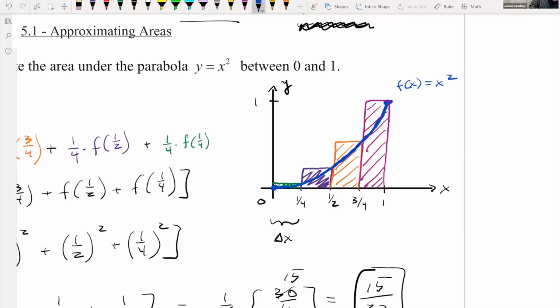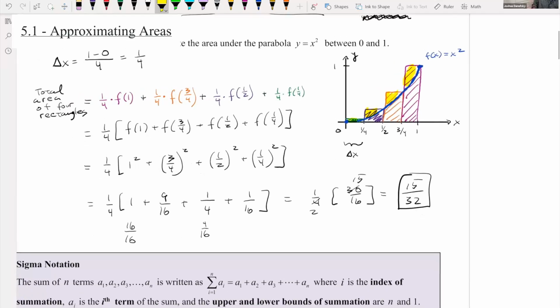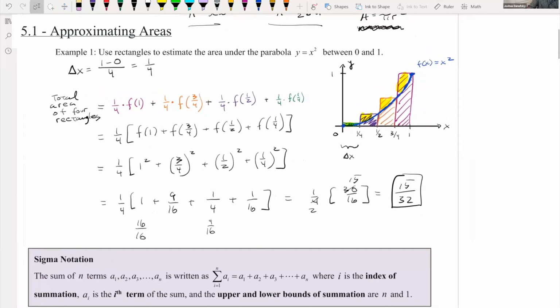And all of this rectangle area that you have up here in yellow, all that bleed over, if you will, is too much area, right? So the actual area under the curve is going to be less than this, okay? But we start off with an estimation. And this is maybe not the best estimation, but it's going to be a start, okay?